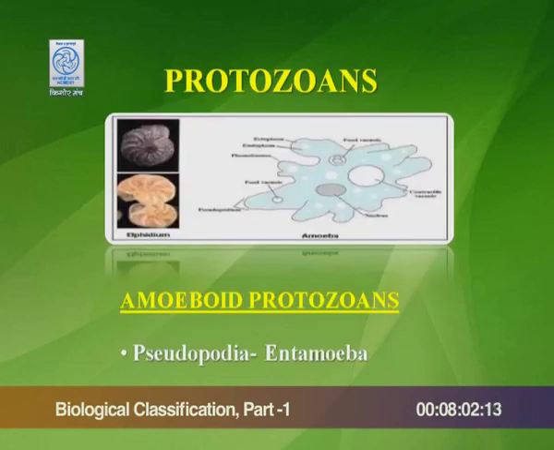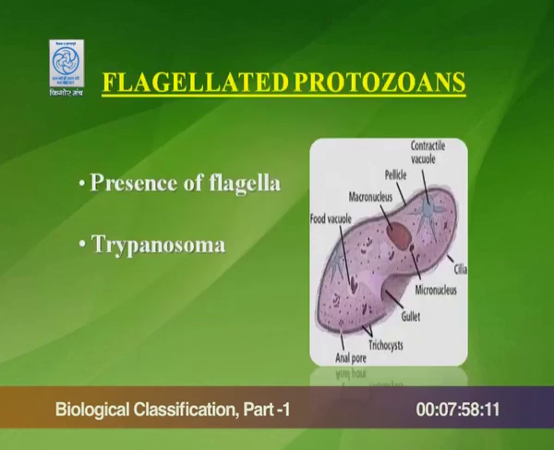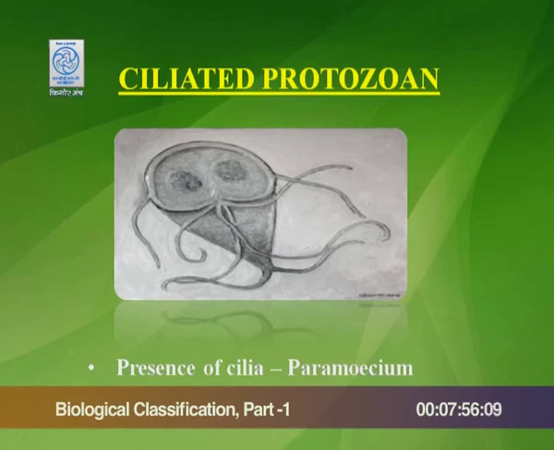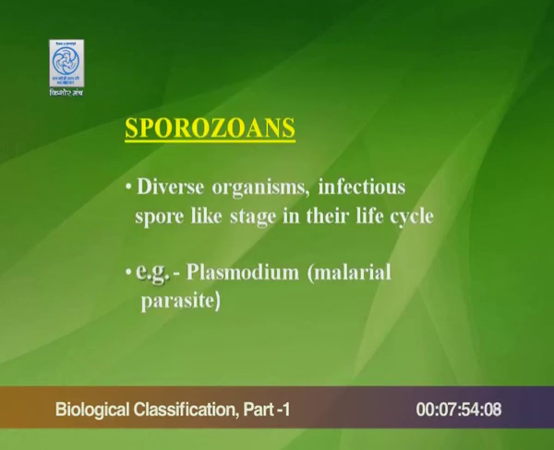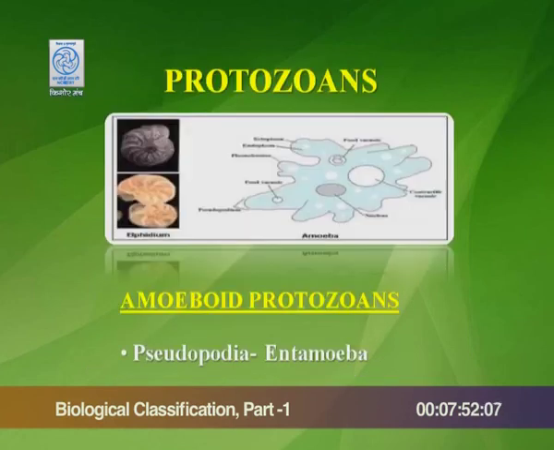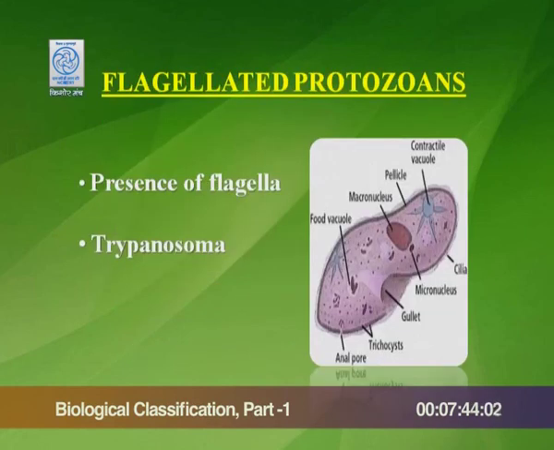Protozoans may be amoeboid protozoans, flagellated protozoans, ciliated protozoans and sporozoans. The amoeboid protozoans have pseudopodia, with the help of which they carry out their locomotion. Flagellated protozoans have flagella, example Trypanosoma.